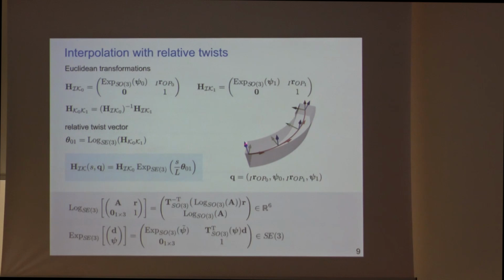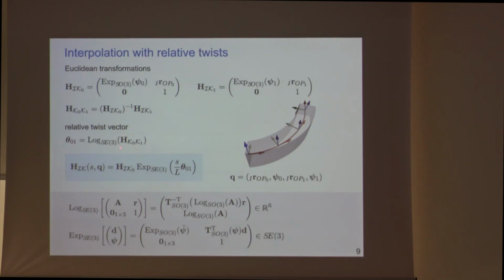And then we can look for the relative Euclidean transformation by just doing the math, respecting that it is a matrix Lie group, and then we get the relative Euclidean transformation between point 0 and point 1.